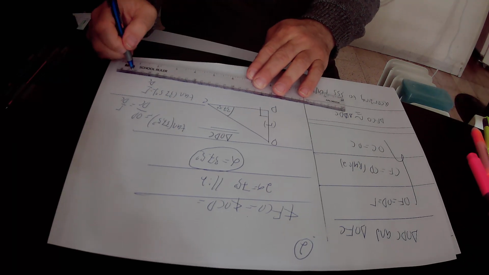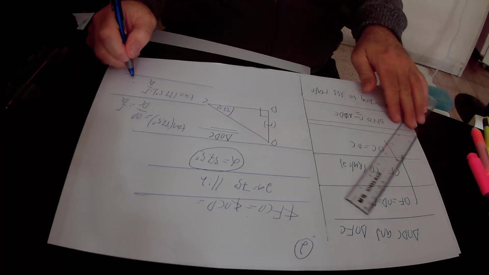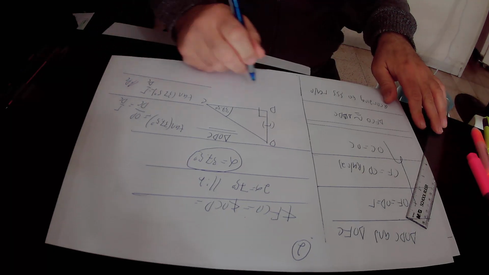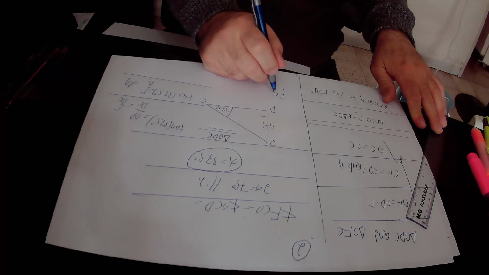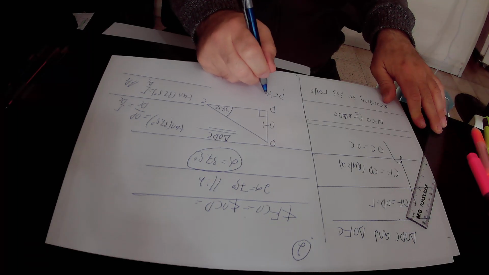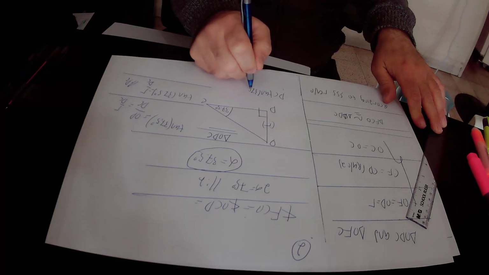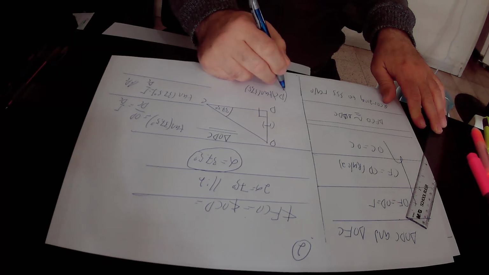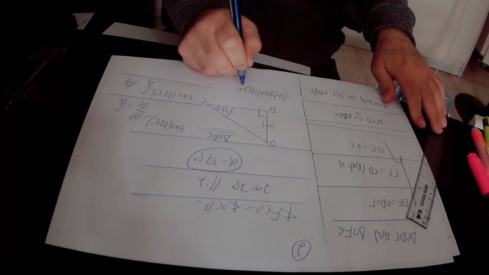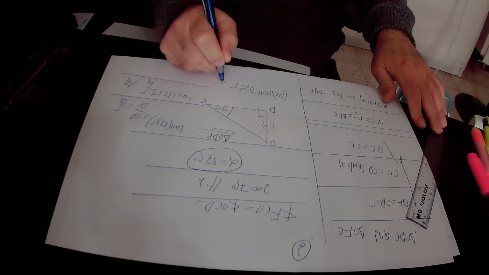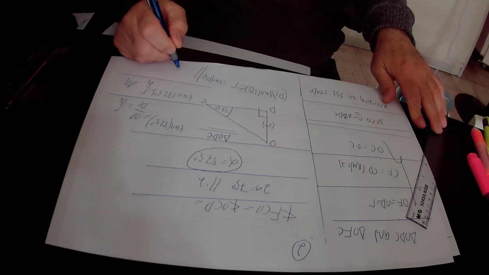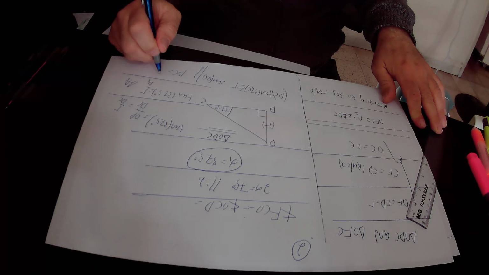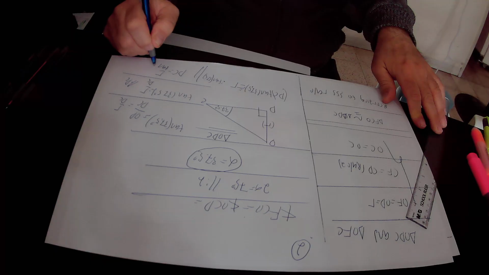Here we'll multiply this equation by DC, and we get that DC times tangent 37.5 degrees equals R. Here we'll divide this equation by tangent 37.5 degrees, and finally we get that DC equals R over tangent 37.5 degrees.